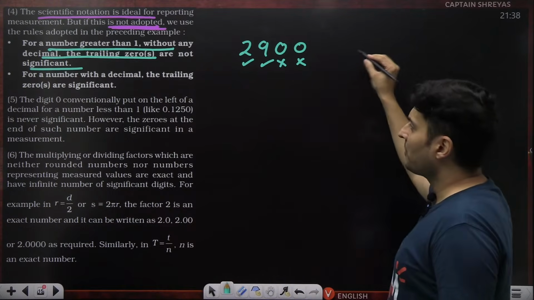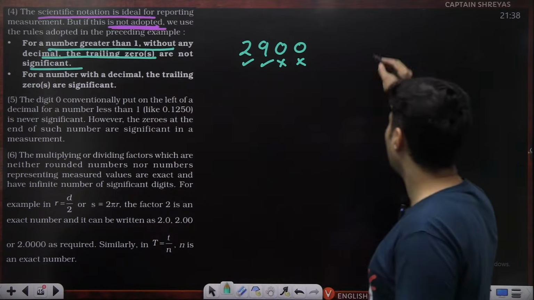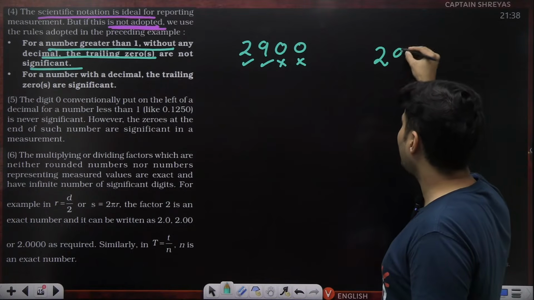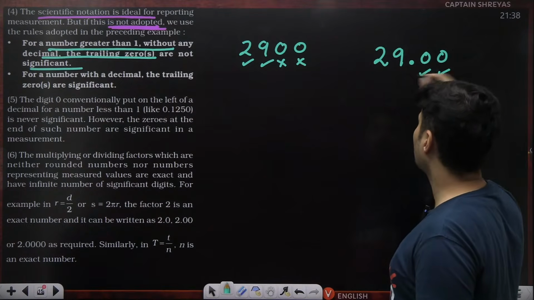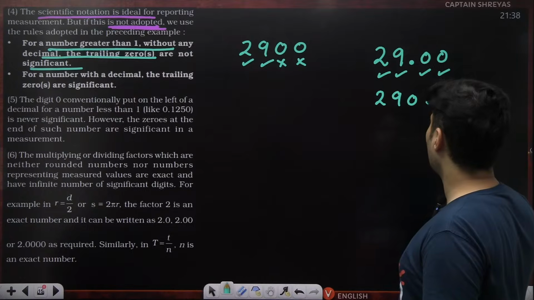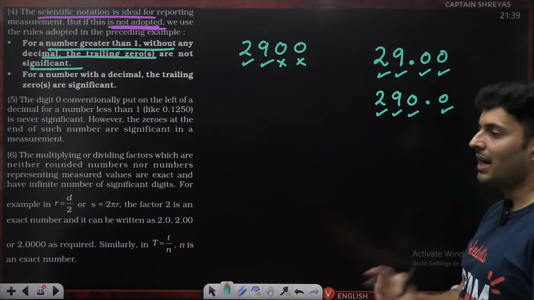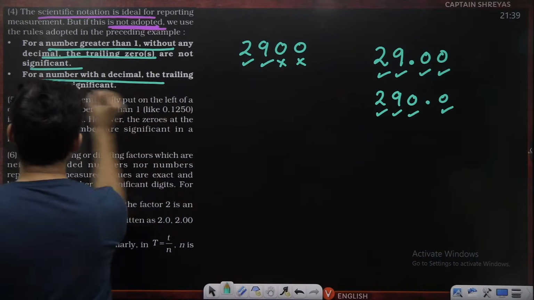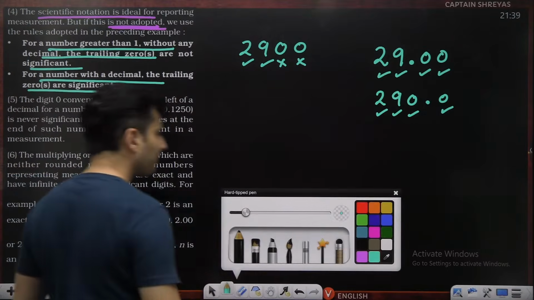Same thing, if a number has a decimal, the trailing zeros become significant, meaning if you have something like 29.00, these zeros are after the decimal, so they have to be counted. Or 290.0, the ending zeros will be counted because there is a decimal place. As simple as that. That is what this particular rule mentions when you are not using scientific notation.